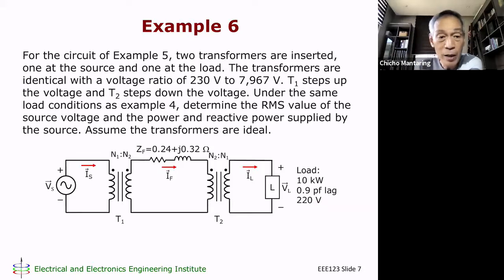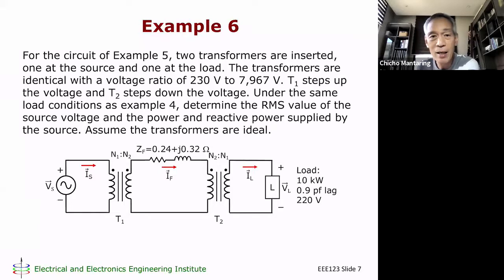Okay. What I'm going to do is I'm going to insert two transformers. This transformer is a step-up transformer, and this transformer is a step-down transformer. The two transformers are going to be identical with a voltage ratio 230 volts to 7967 volts. If you ask me, why these voltages?